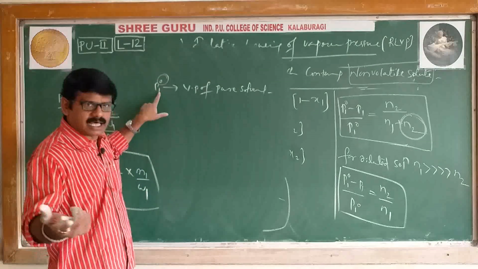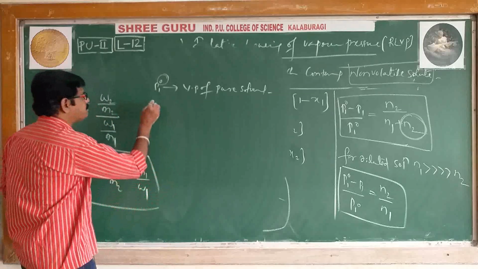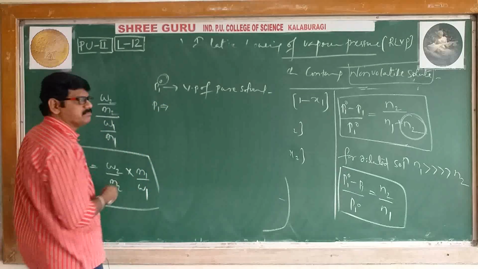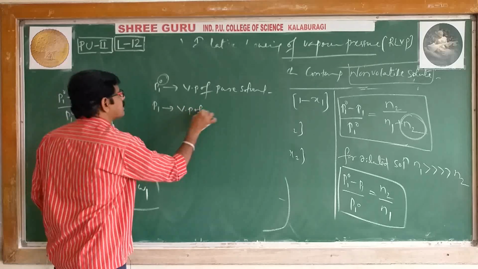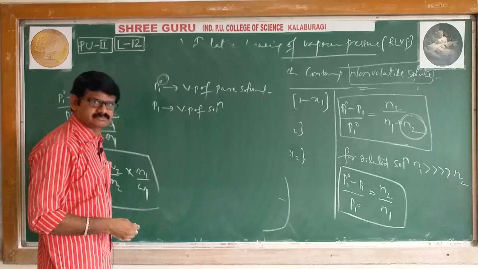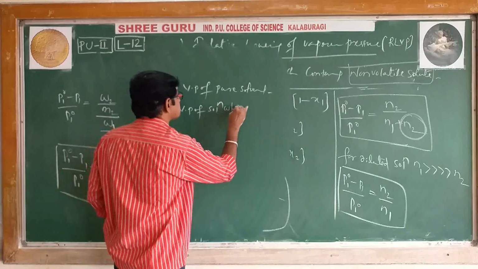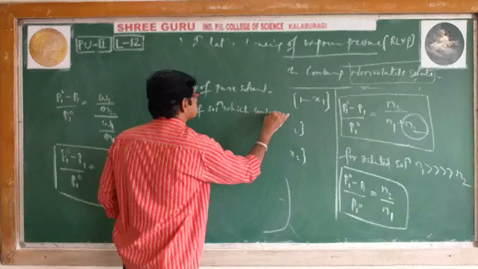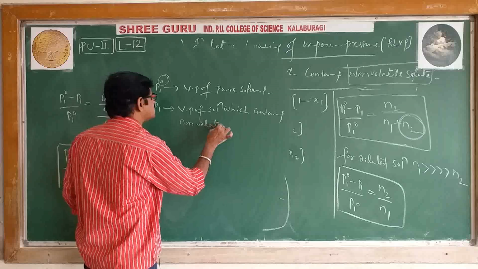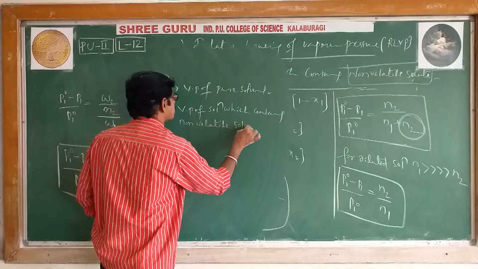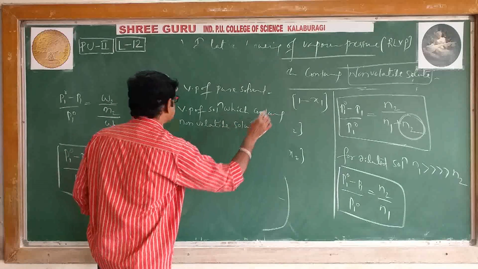One symbol is for solvent. Next, P1 is very important. P1 is nothing but the vapor pressure of a solution which contains a non-volatile solute.